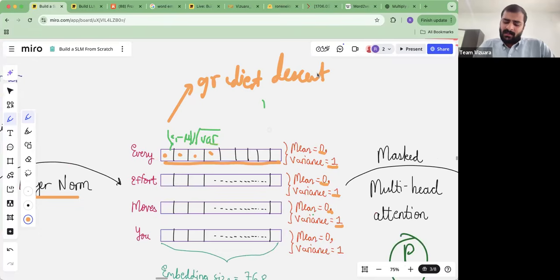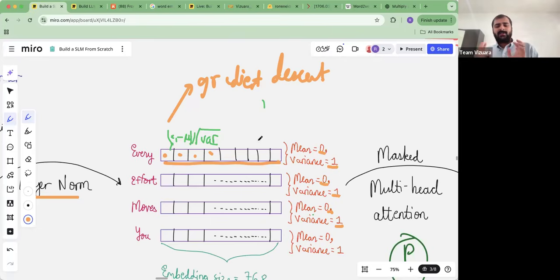Now it happens, there are two issues which happen when we don't do normalization. First issue is that the training is not very stable. Some values may be large, some values may be very small. So normalization really makes gradient descent smoother. And second, it prevents the vanishing gradient problem.